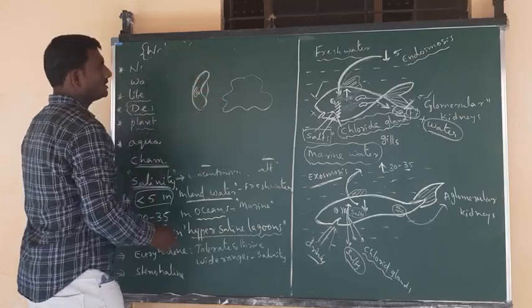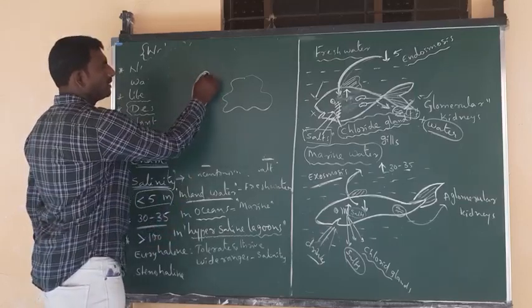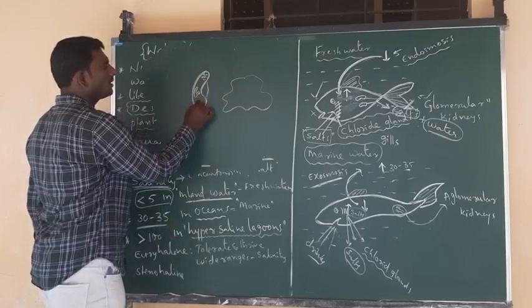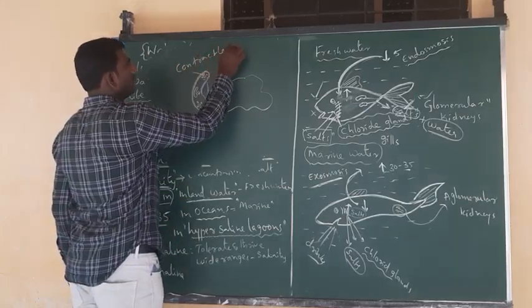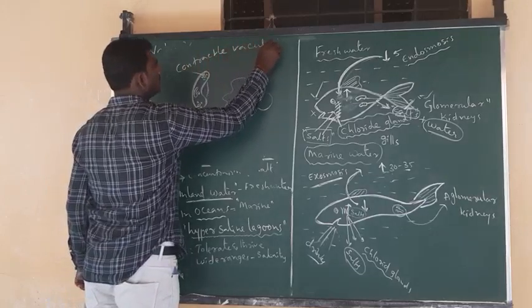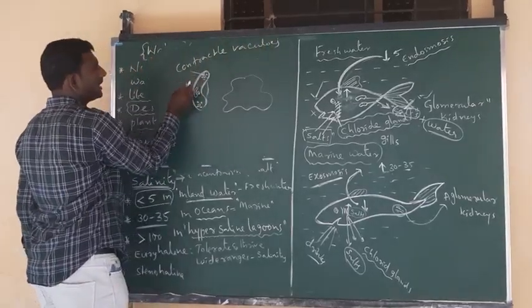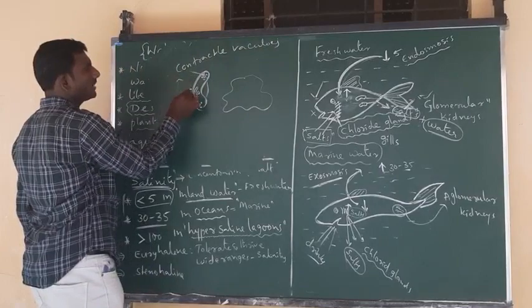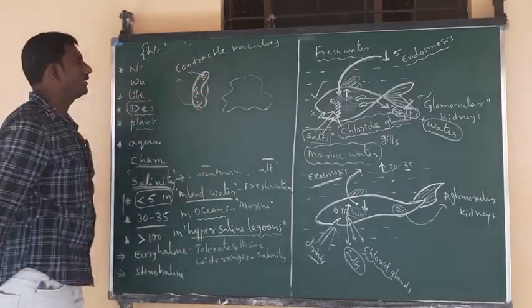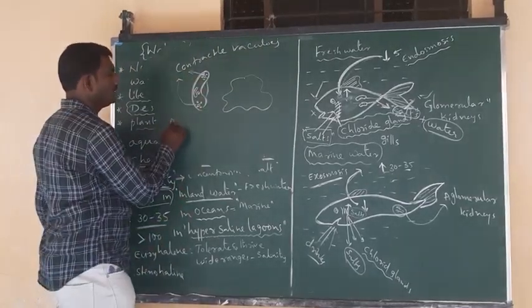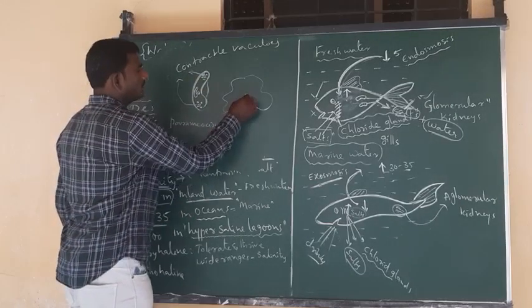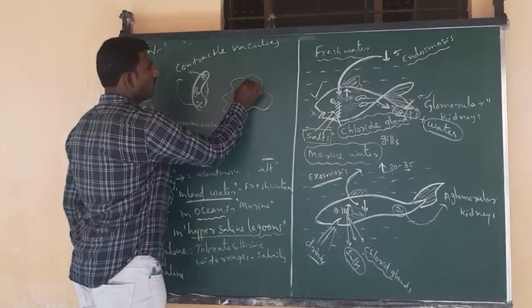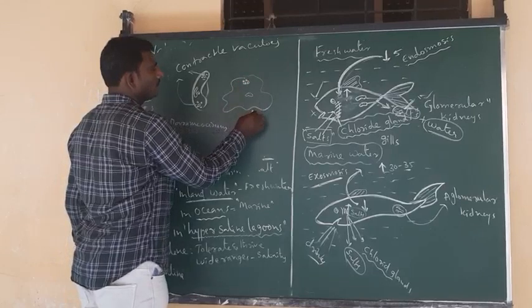When we observe the structure of paramecium, it consists of two contractile vacuoles. Here this is the anterior contractile vacuole, this is the posterior contractile vacuole. Next, this is amoeba. Amoeba consists of one contractile vacuole.